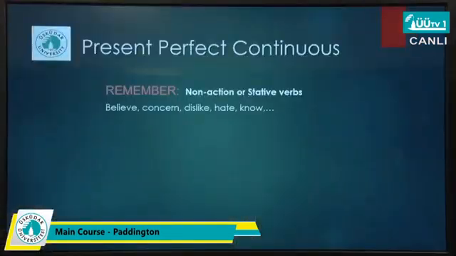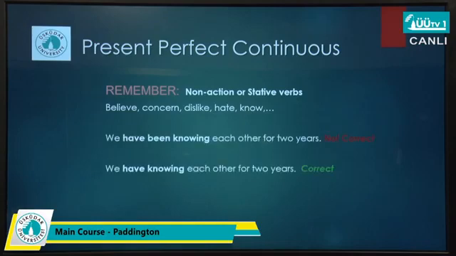We have some examples of them, like believe, concern, dislike, hate, and know, that I'm pretty sure you know the meaning of. But look at these two sentences. One is not correct and the other one is correct. But as you can see, both are following a standard structure. We have been knowing each other for 2 years, or we have known each other for 2 years.